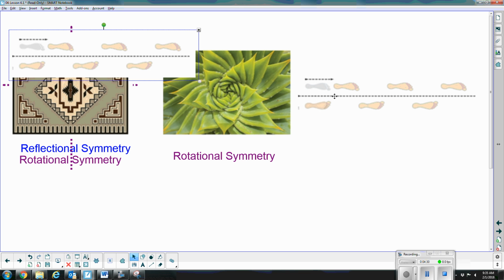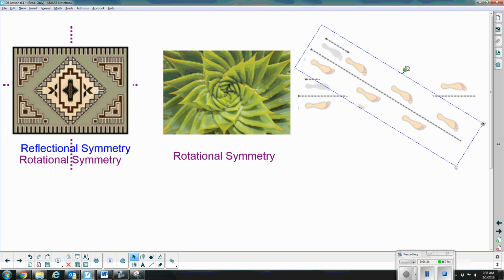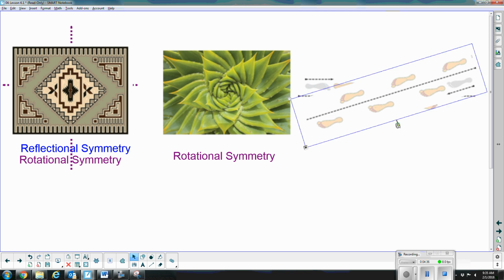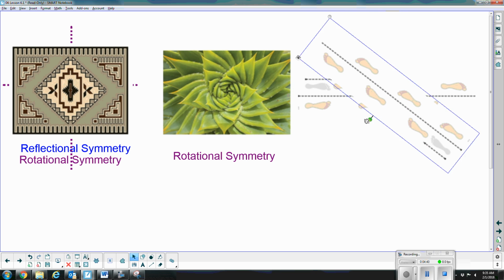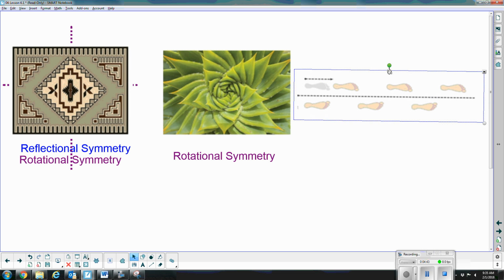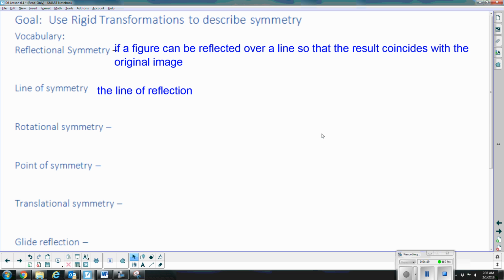Now this one, I copy this one and I rotate it. Even if I rotate it 180 degrees, it's not the same. It's very similar, but it's not the same until we get all the way back to the original. So this image does not have rotational symmetry.